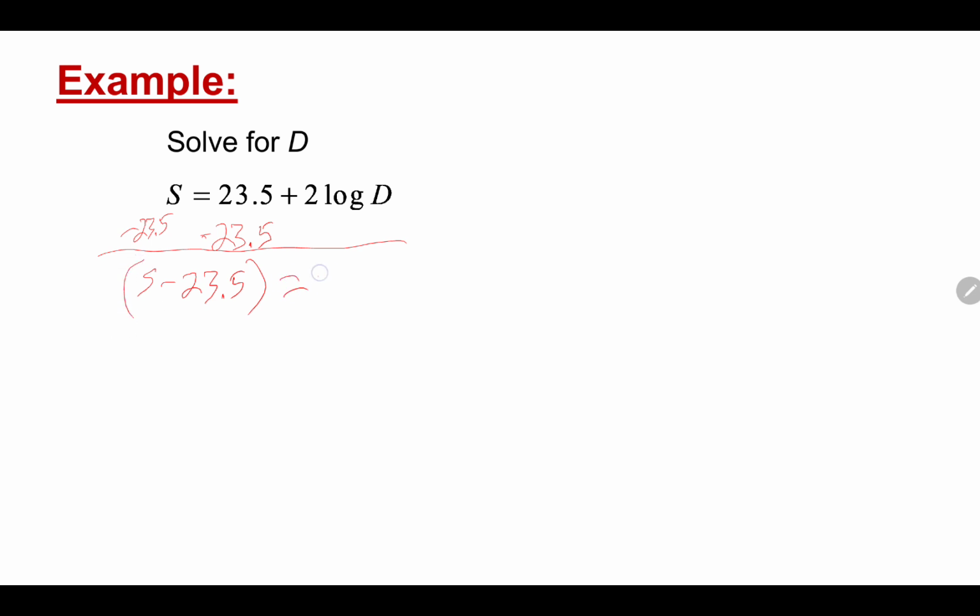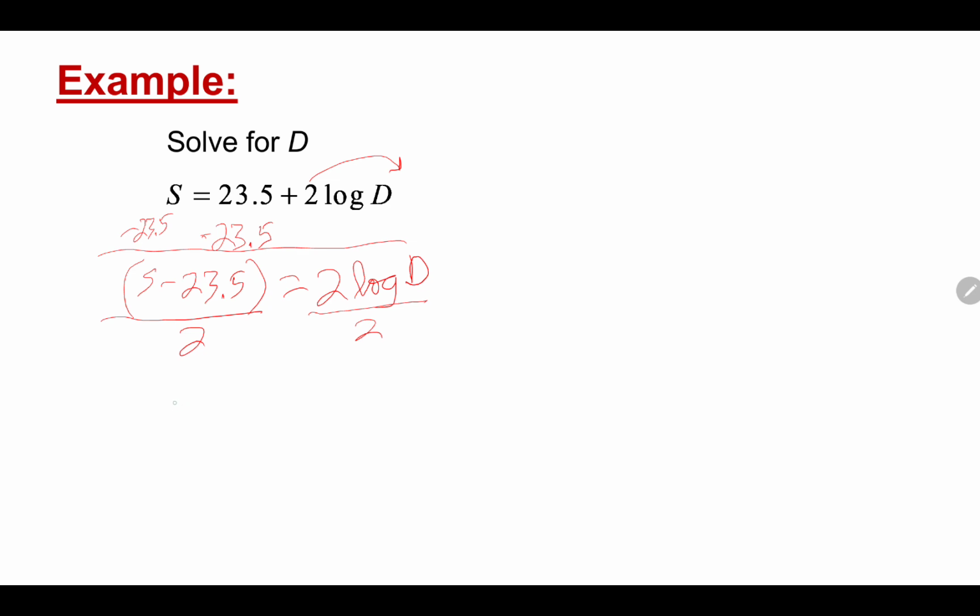And I'm going to put that in parentheses just because that's going to become important. And it's equal to 2 log of D. Now, I could bump that 2 up, like we know we can do that. I'm not going to. I'm actually going to work it the other way. I'm going to simplify from here by dividing that out and dividing this whole thing.